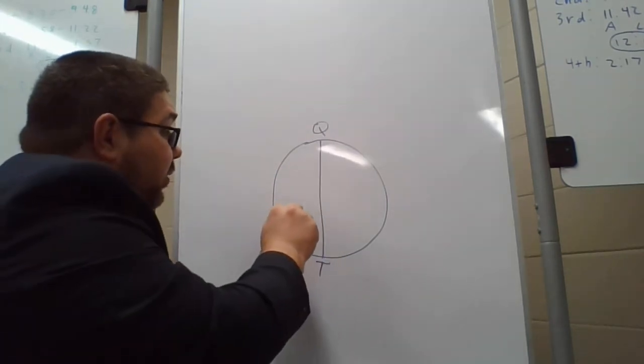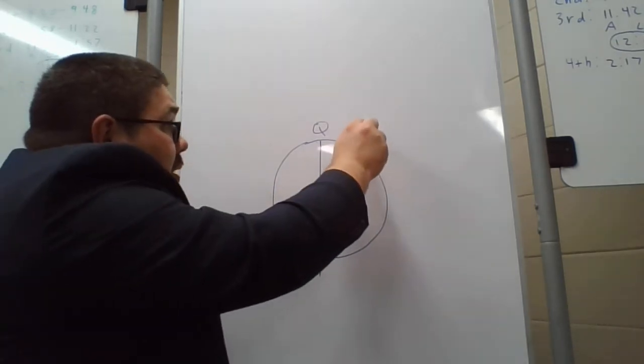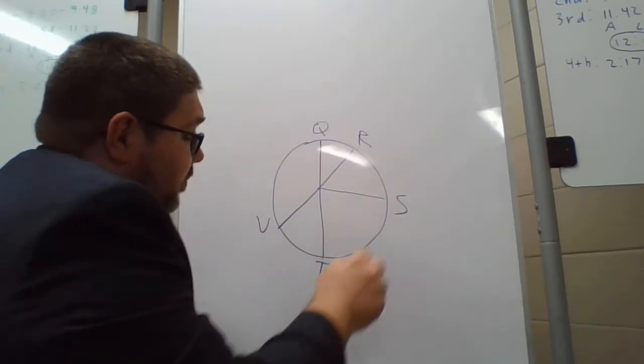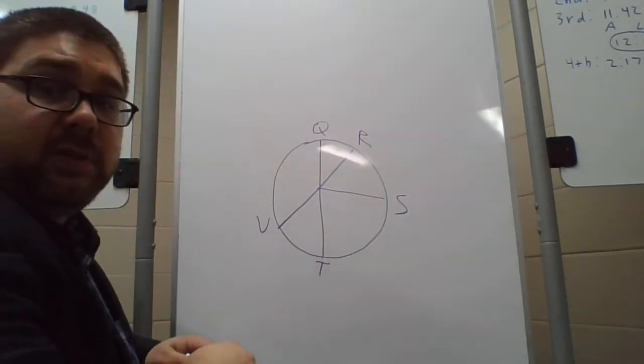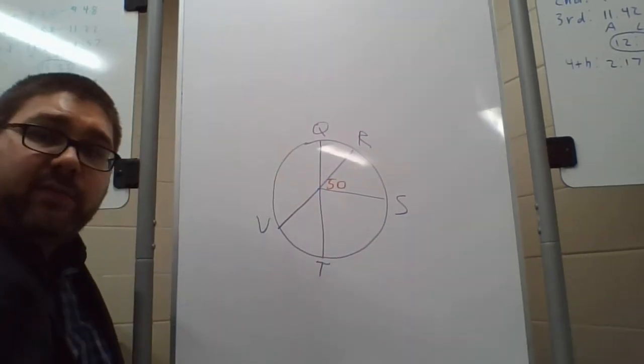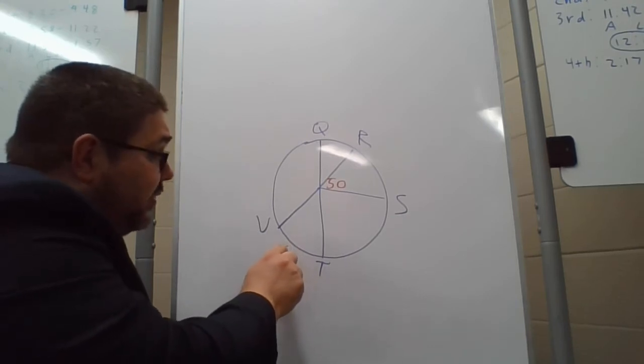Now this one looks a little different because, let's see, U, R, S. Okay. We have a measurement of 50, and we also have one between U and T of 60.